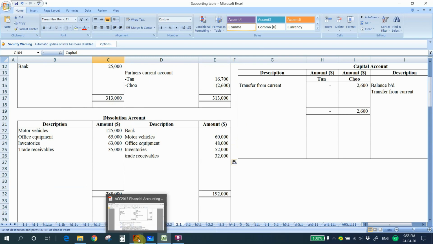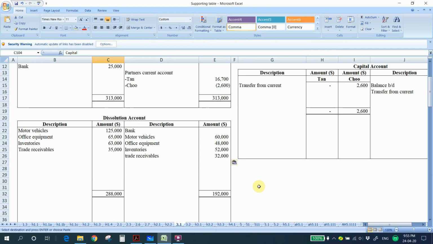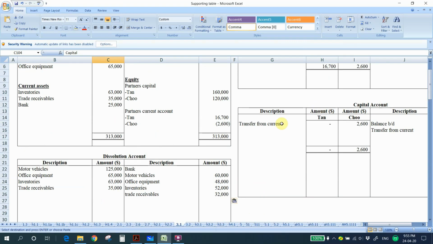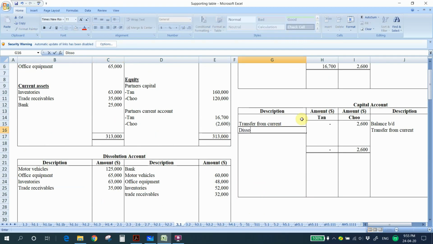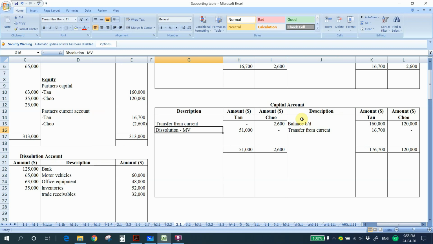This asset, motor vehicle, is taken over by who? It's taken over by Dan, right? So we have to debit the capital account. We indicate dissolution motor vehicles 51,000, and we credit to the dissolution account.